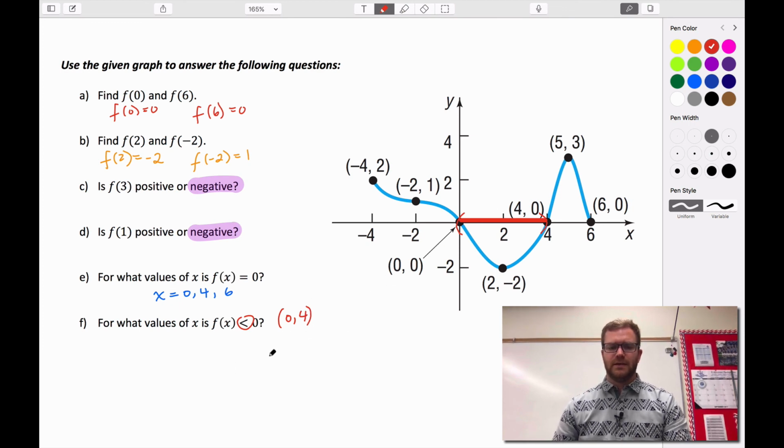And we could have written this in set notation. In set notation, it would be the set of all x such that 0 is less than x is less than 4. Again, we're using strictly less than here because we're not allowed to equal the endpoints. At 0 and at 4, we know that our graph is equal to 0, and we want it to be just less than 0.